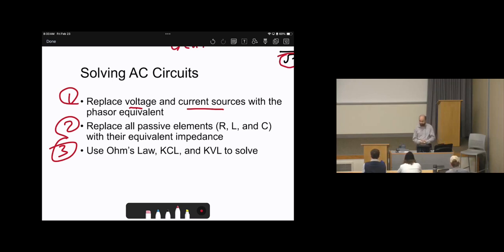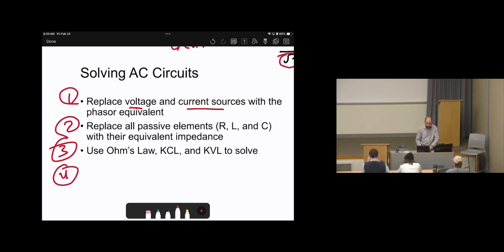Okay, let's continue. So the third step, using Ohm's law, KCL, KVL, to find the unknown voltages, unknown currents, etc. Then what else?